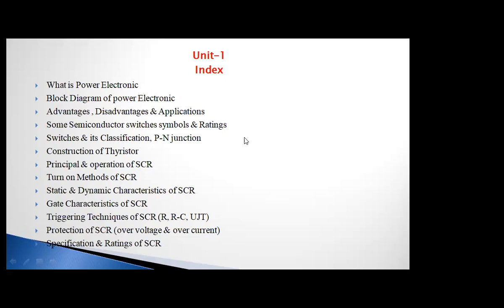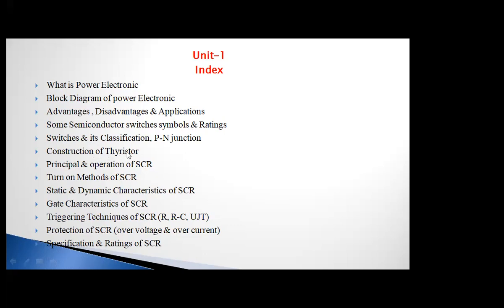In the first unit we have some content: what is power electronics, the block diagram of power electronics, advantages, disadvantages and applications of power electronics, and some semiconductor switches, symbols and ratings.